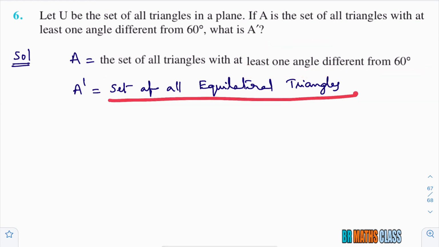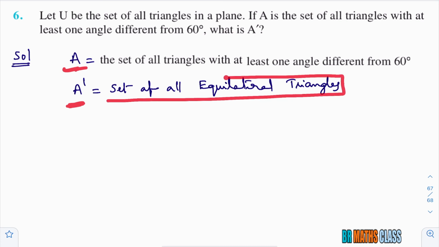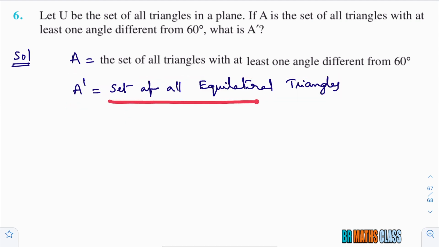Only the equilateral triangle contains all angles 60 degrees. So the complement of this given set is the set of all equilateral triangles. In this, all angles are equal to 60 degrees. That means whatever triangle is present in this set is not in set A, A dash means not A. Right? I hope you understand. Just try to think about it a little bit.